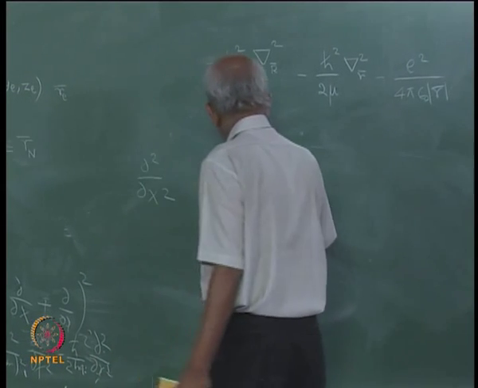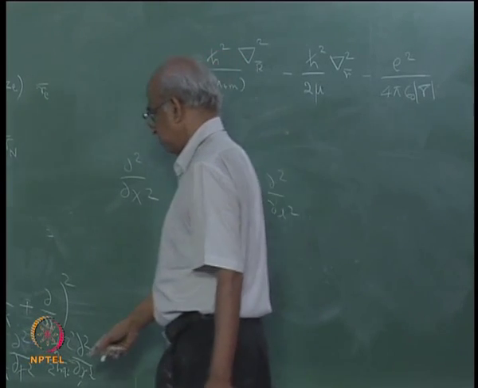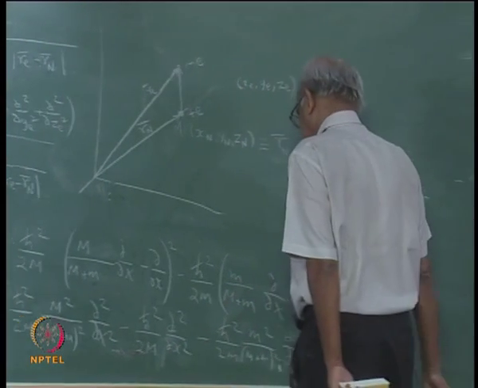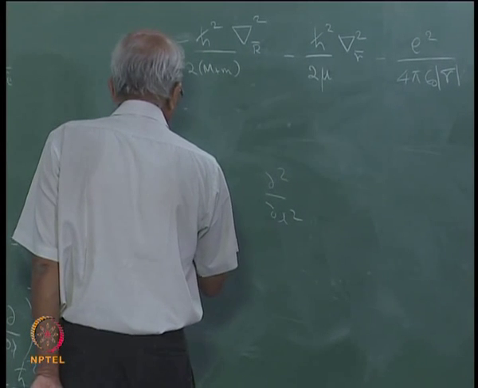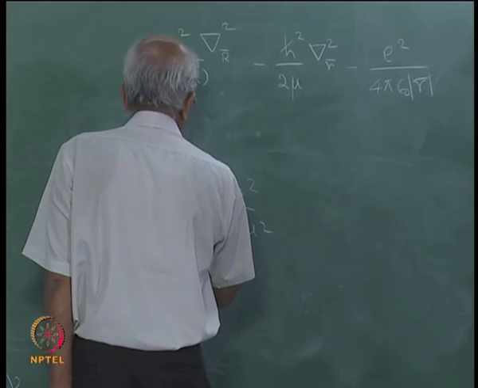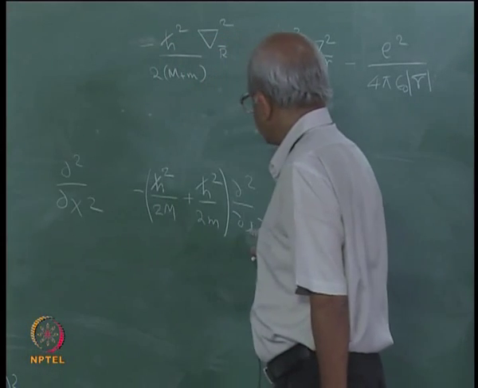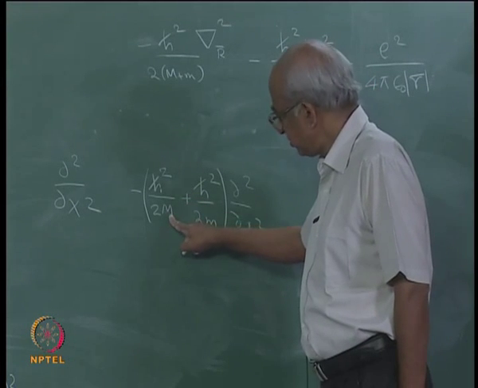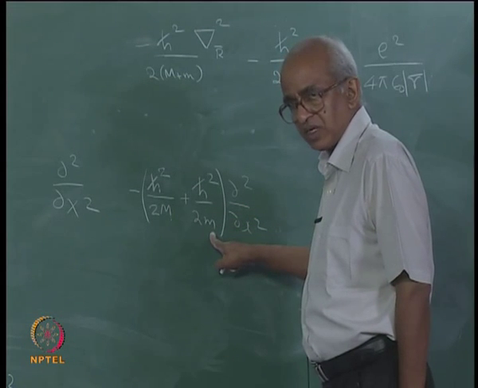So, as far as this term is concerned, you will have minus ħ² by 2M and ħ² by 2m. So, the terms involving ∂² upon ∂x² are just these, fine. You have 1 by M here and you have 1 by m there, correct.